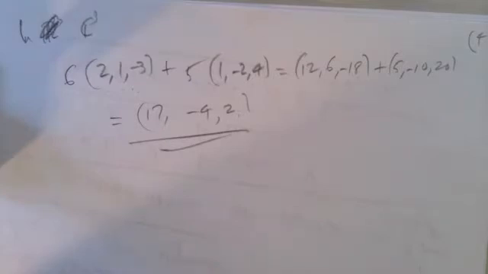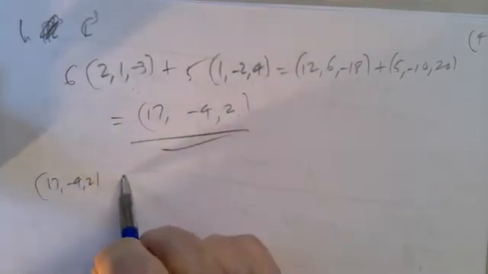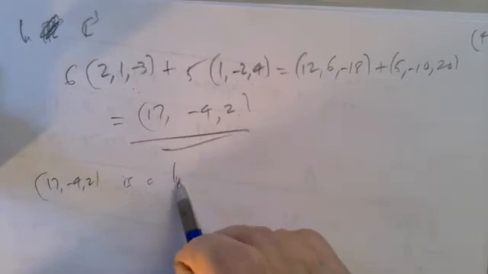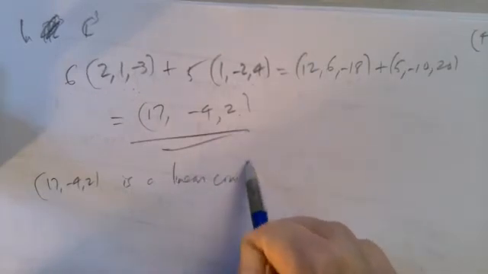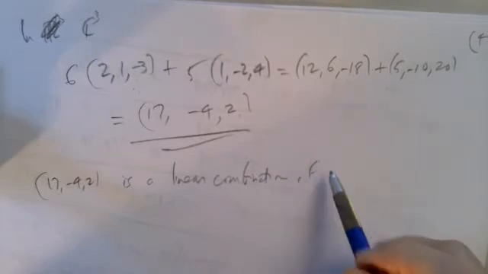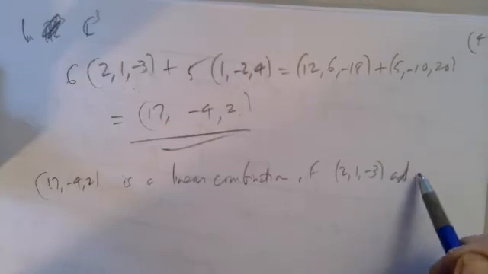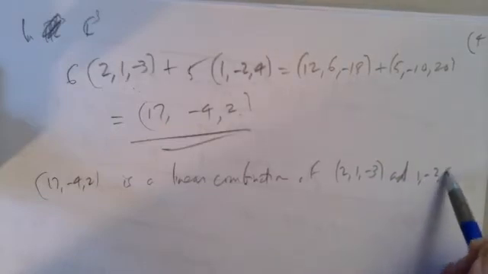Let me say that 17, minus 4, 2 is a linear combination of 2, 1, minus 3 and 1, minus 2, 4.